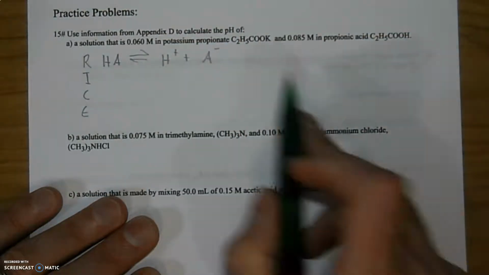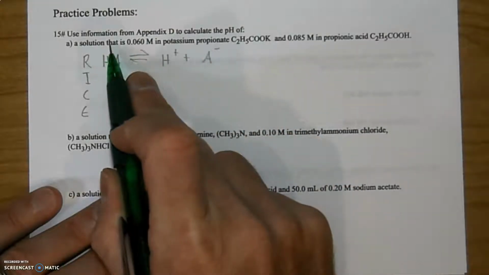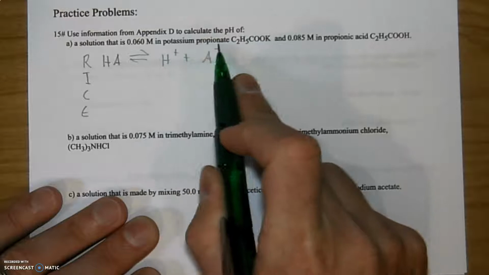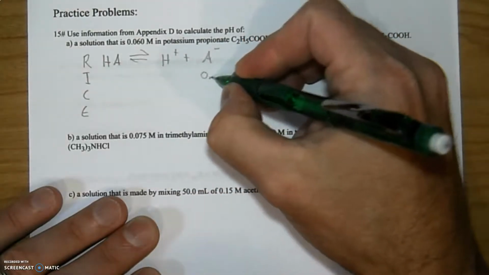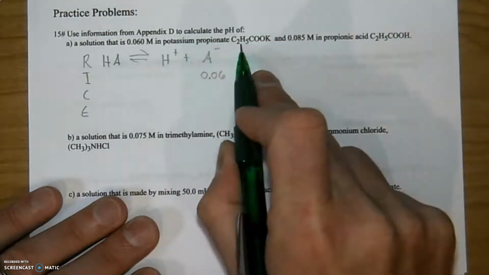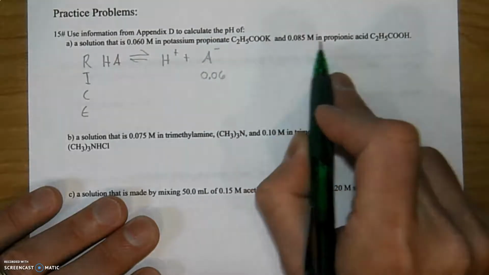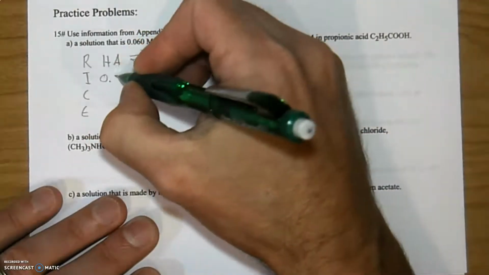A solution that is 0.06 in potassium propionate. So sometimes we just automatically want to list that one first, but no, that happens to be the base that they're giving us first, and the 0.085 for the acid. Why they did it that way, I do not know.